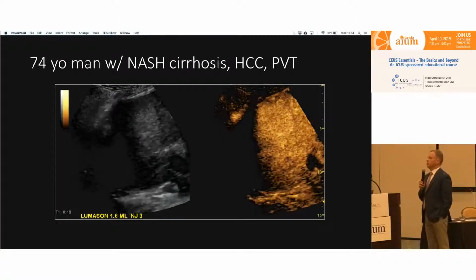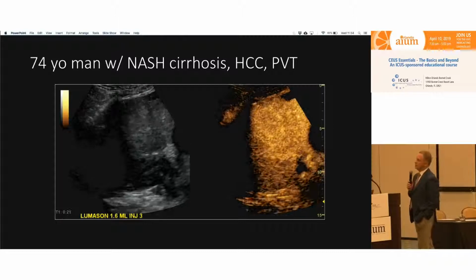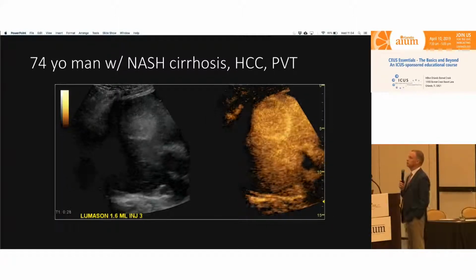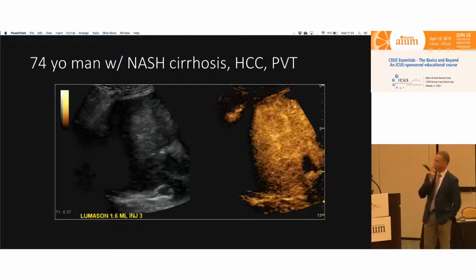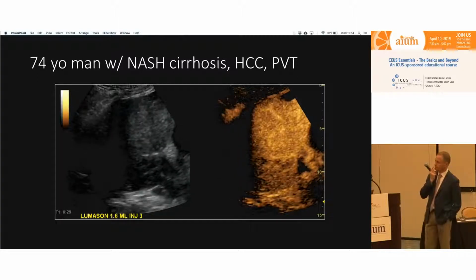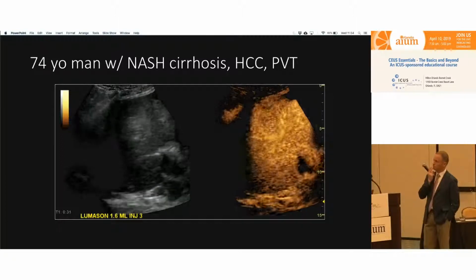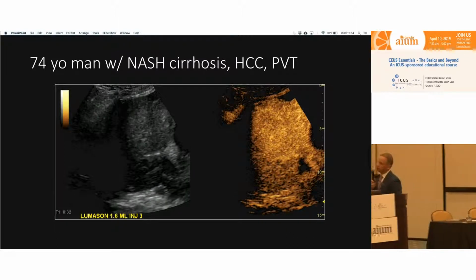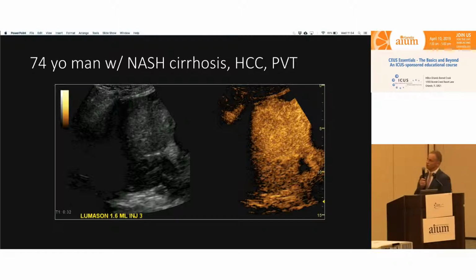So arterial phase hyperenhancement of the tumor that blends in into the surrounding liver at, what, 23, 24 seconds. And this is quite interesting. It demonstrates a very important feature of HCCs and arterial phase hyperenhancement. It's transient.